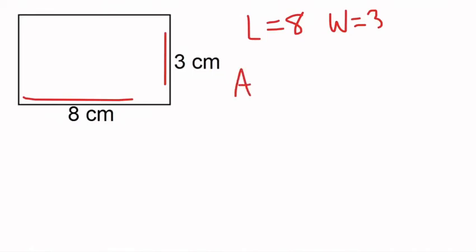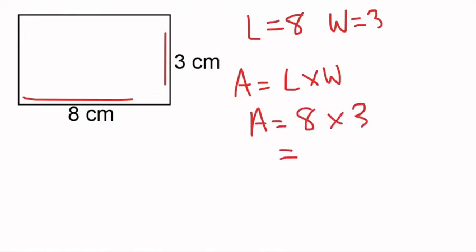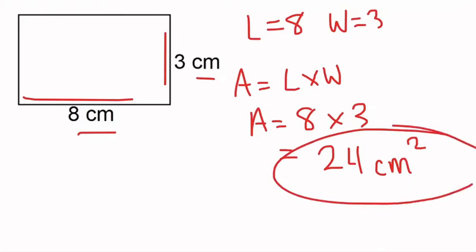We know that area is equal to length times width, so we know our area is equal to 8 centimeters times 3 centimeters, which we know is 24. And once again our unit is going to be centimeters squared because both our length and width are in centimeters. So overall the area of this rectangle is 24 centimeters squared.